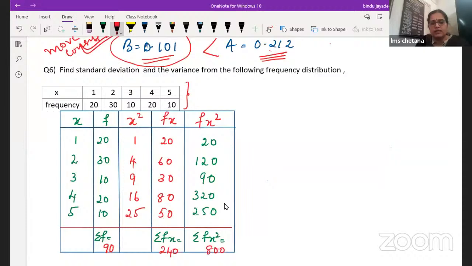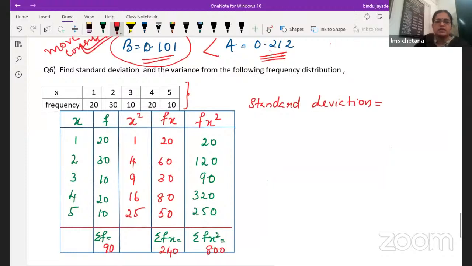Now you are going to write the standard deviation formula. Normally standard deviation is represented by sigma. If you are writing or not writing it's okay, but better to write sigma.